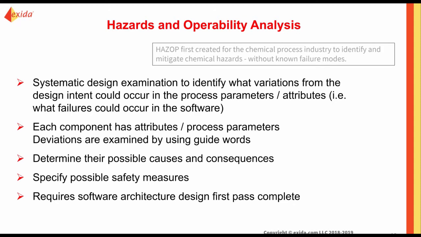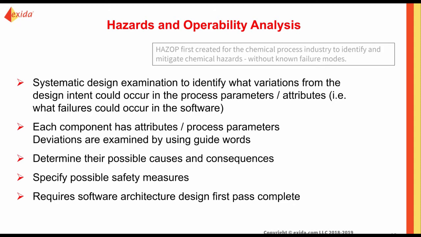So what had to happen was some new technique needed to be developed. And of course, it is a bottom-up systematic design examination to identify what variations from design intent could occur. And of course, that could apply to software.